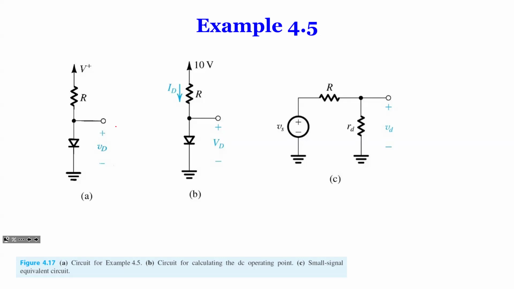But if it's a real diode, it's a SPICE model, and then we'll have to calculate how much current is in that diode based on the voltage drop on the diode using the actual circuit. Now, what happens if V plus changes a little bit? So what would you get for VD? So that is the question that is asked.